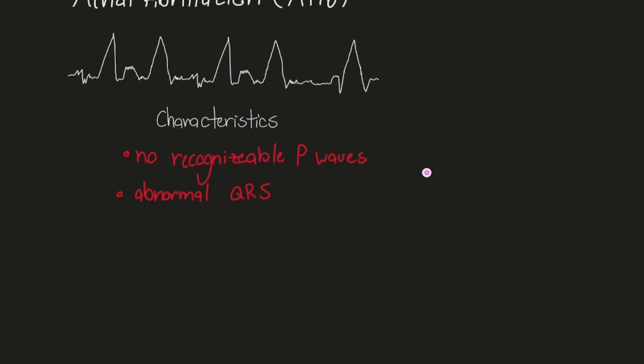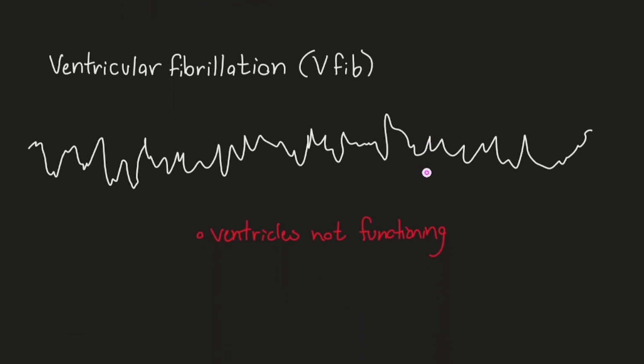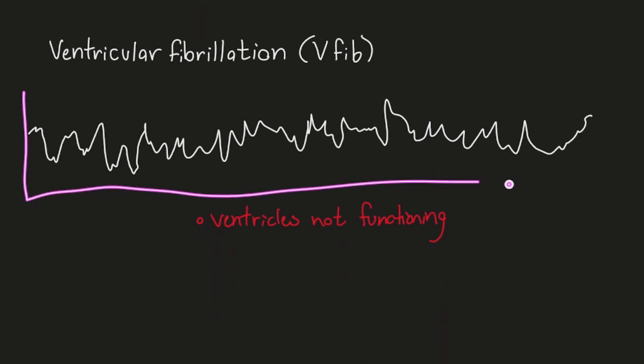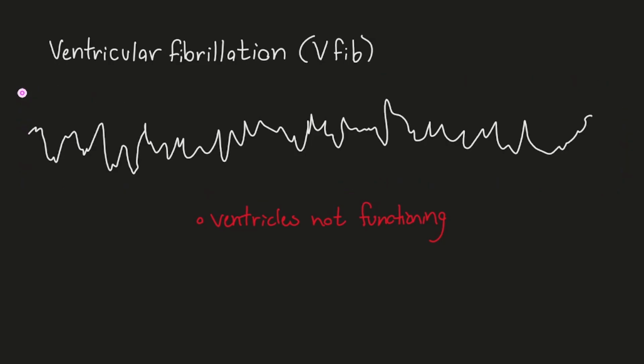Now we'll go on to ventricular fibrillation, or shortened down to VFib. So here, there's nothing really to point out in its EKG because it is all just messed up. What this very chaotic EKG is showing us is that our ventricles are not functioning.